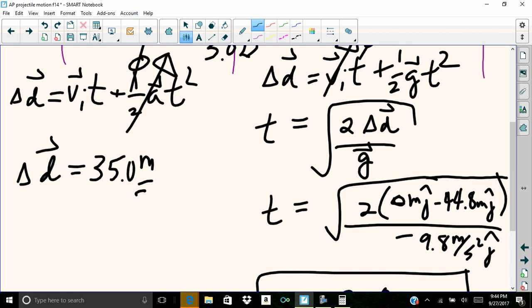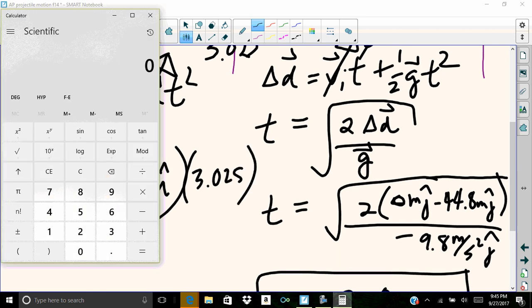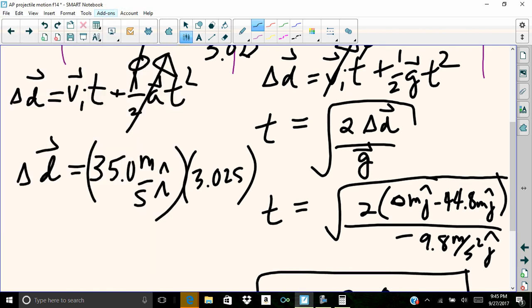Okay, so I end up with delta d is equal to my initial velocity, which in this case is 35.0 meters per second i hat, times the time, which I calculated to be 3.02 seconds. Okay, now I'm going to get my calculator out again. 3.02 times my 35.0 gives me 105.7.